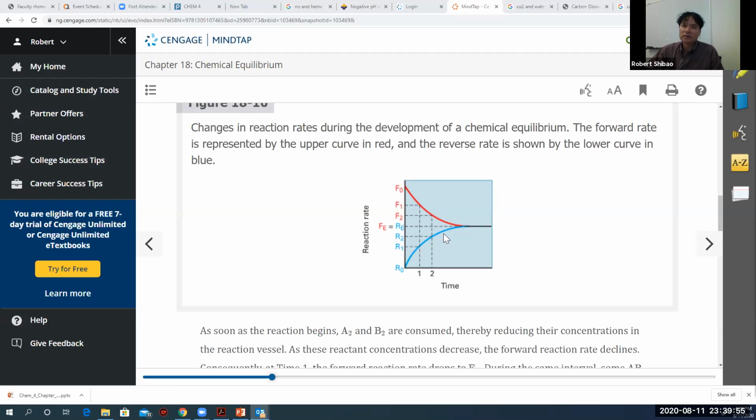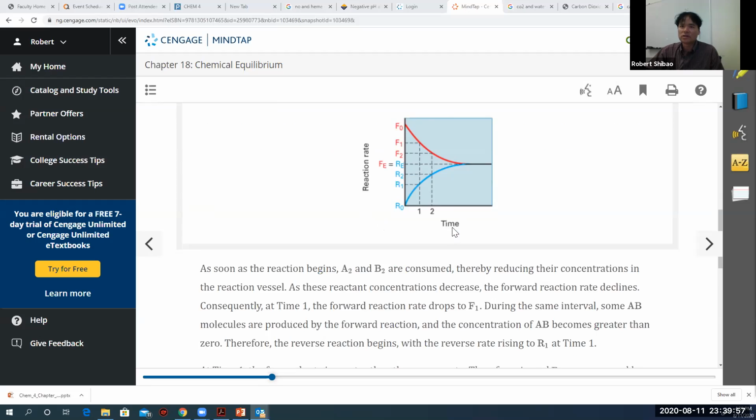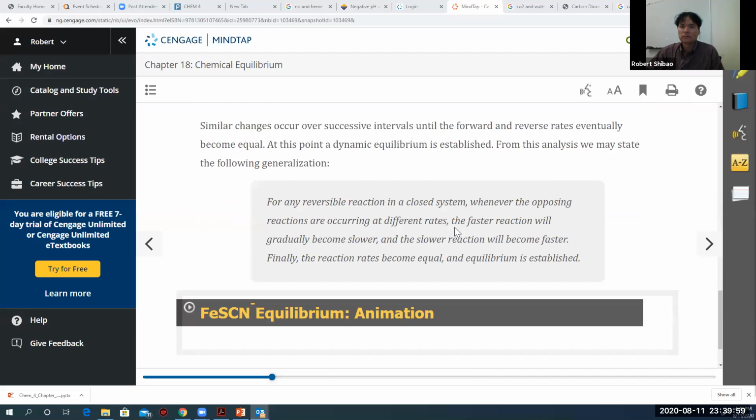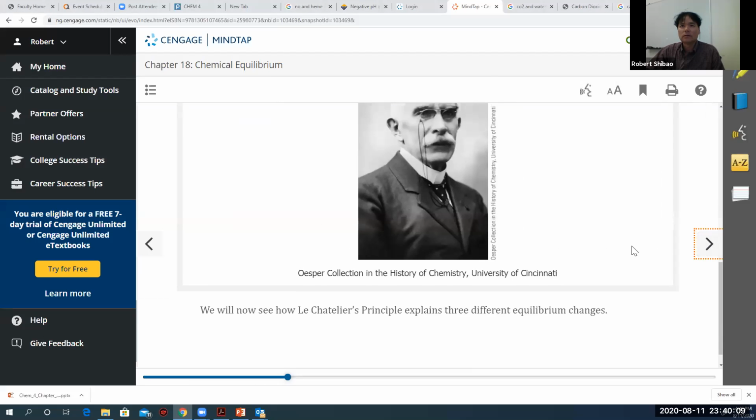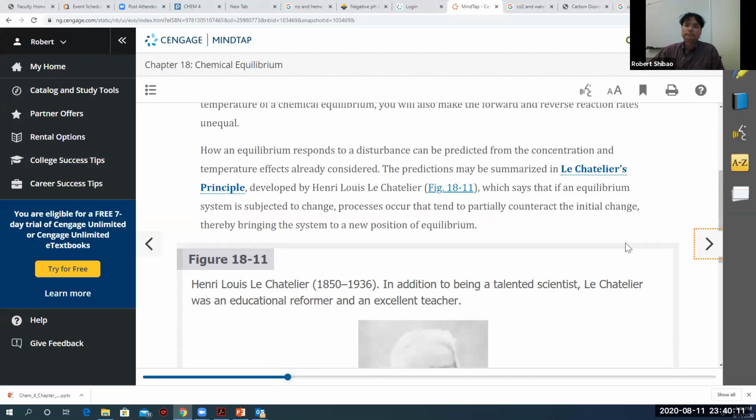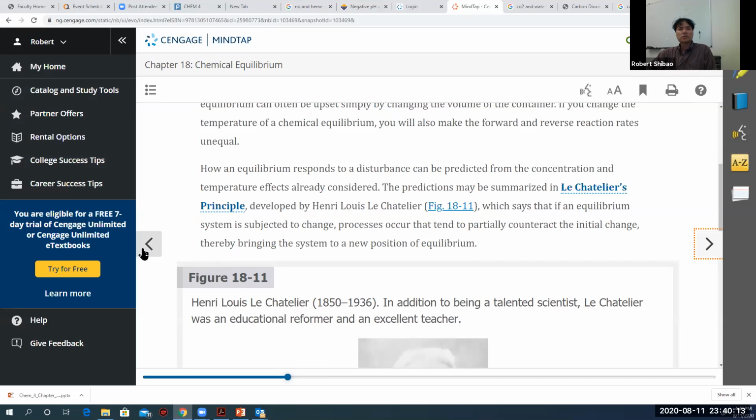The reverse rate is going to kick up as the concentration changes. Okay, that animation is not working. So that's just achieving equilibrium.